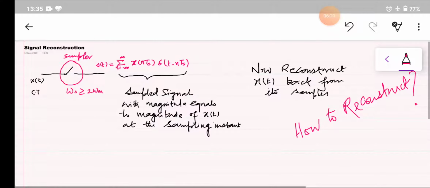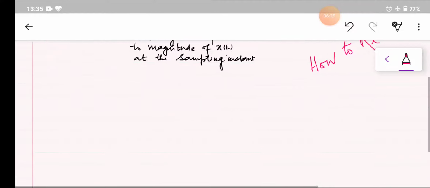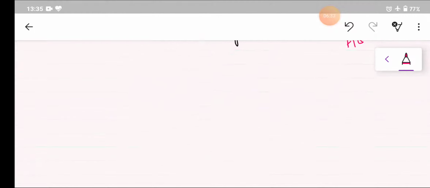Actually, there is a circuit that is called a zero order hold circuit. So that circuit is used here.